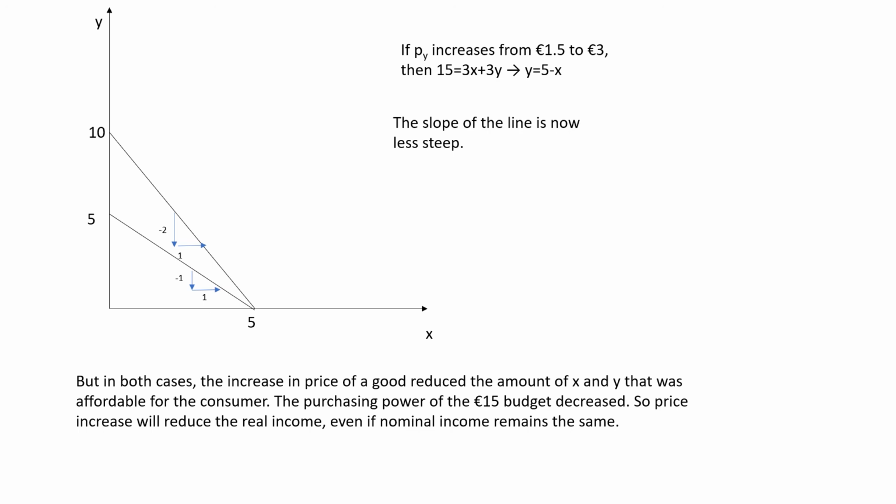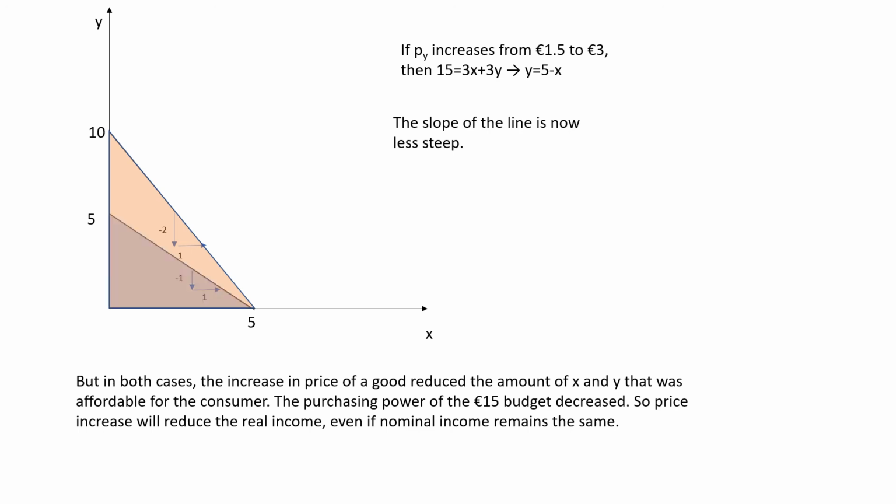But how can you see whether the real income was affected by a price ratio change? First of all, originally, you could buy any bundles within this triangle. The area of this triangle could be used as some kind of analog of the purchasing power.